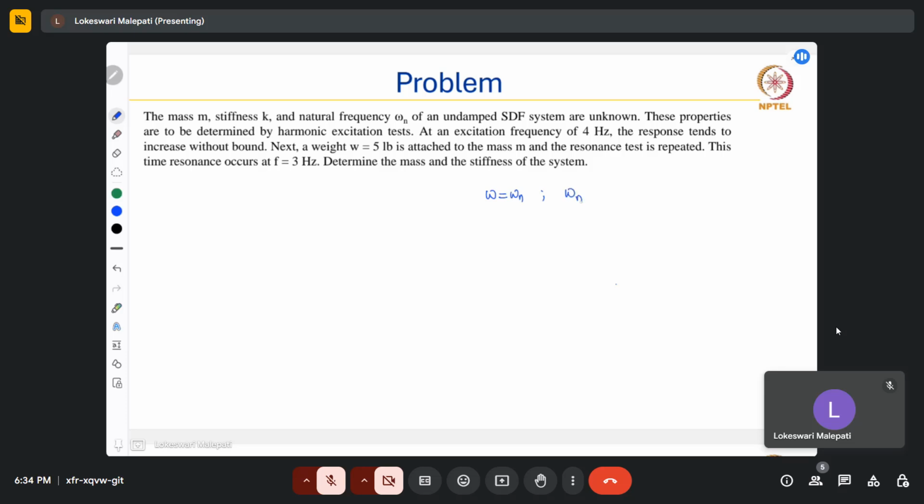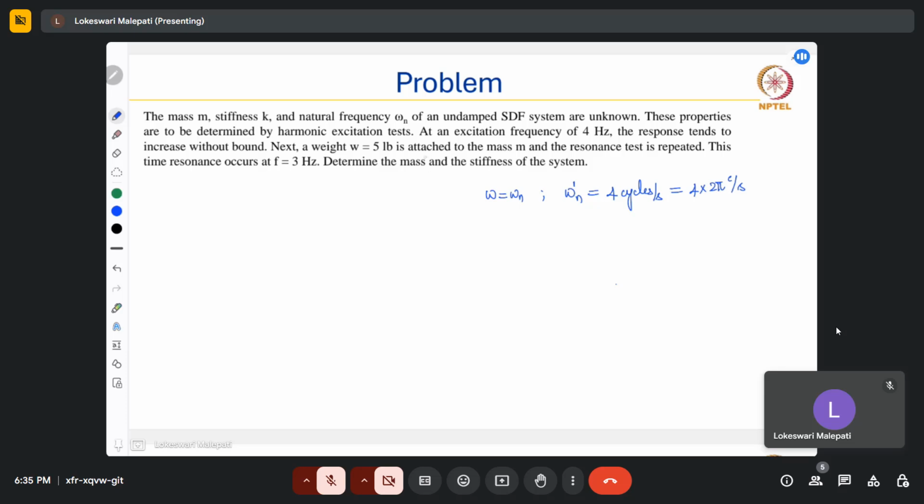This is the first case. So omega n is equal to 4 Hz. Let's call this omega n 1 for the first case. 4 Hz means this is cycles per second, so this must be converted into radians per second because omega n is angular frequency. So this will be equal to 4 multiplied by 2 pi radians per second.